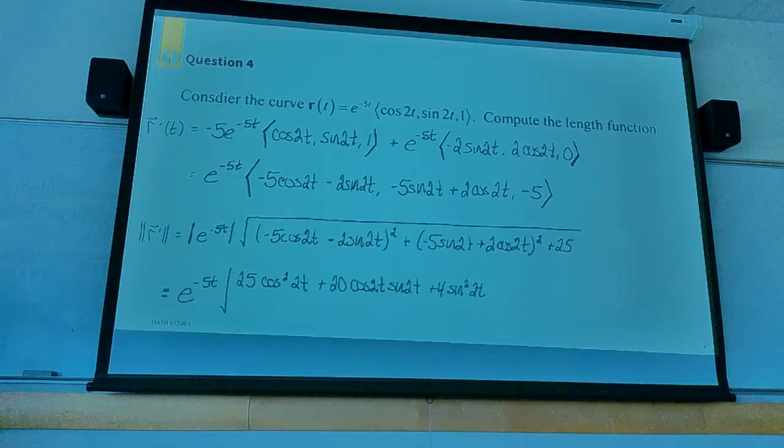There's your first term expanded. There's your second term expanded.